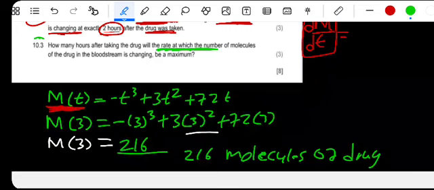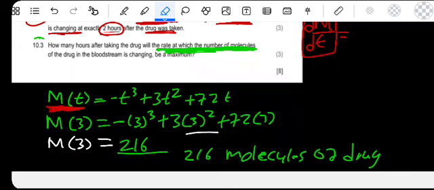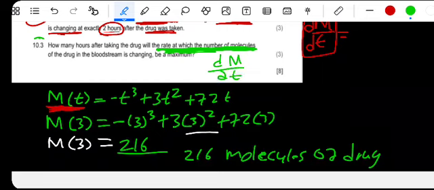Already we're talking about the rate at which the number of molecules changes, which is given already as dm over dt. Already we have that in the statement. You must note that.